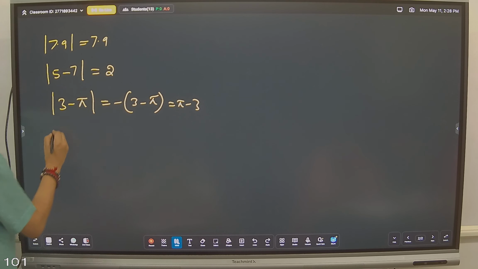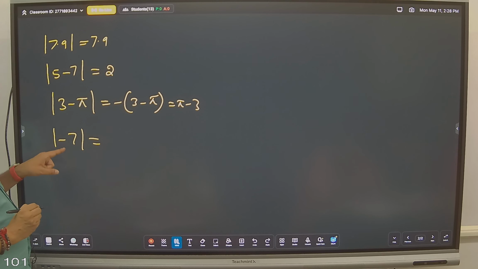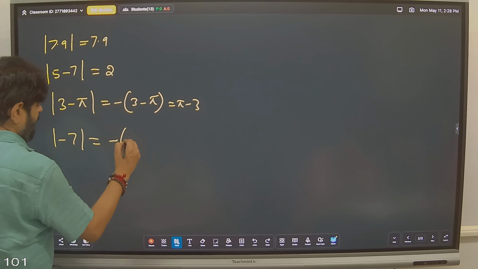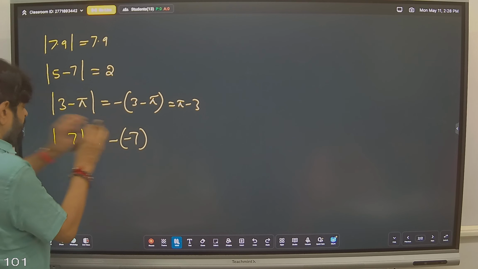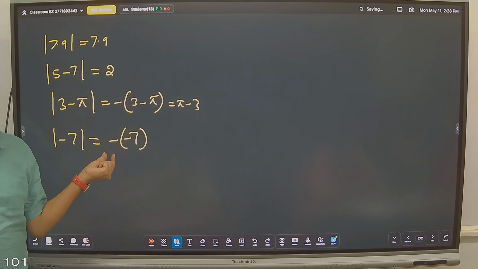Minus will go inside. If I say mod of minus 7, is it positive or negative? So this value will be minus of minus 7. Whenever the quantity inside is negative and you remove the mod, a minus sign will appear in front.